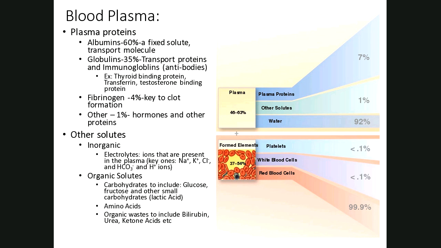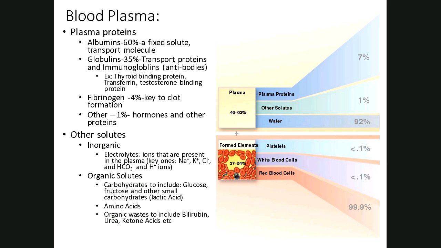If the liver were to overproduce albumin, the consequence might be extremely high blood pressure, because you'd have more osmotic forces holding water in your vessels and less of it leaking out. On the flip side, if you don't make enough albumin, the extracellular fluid might be higher than normal, so you have edema in your arms and legs and tissues, and you're not able to hold the blood pressure as well in your vessels.